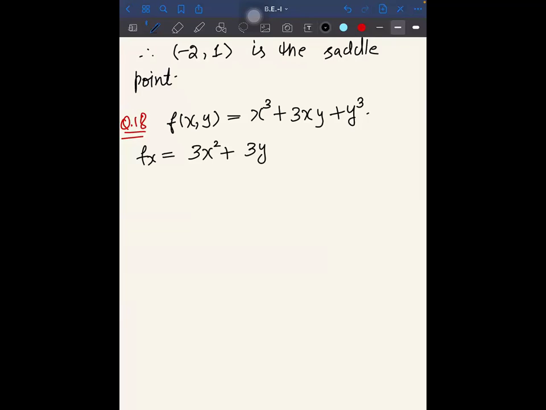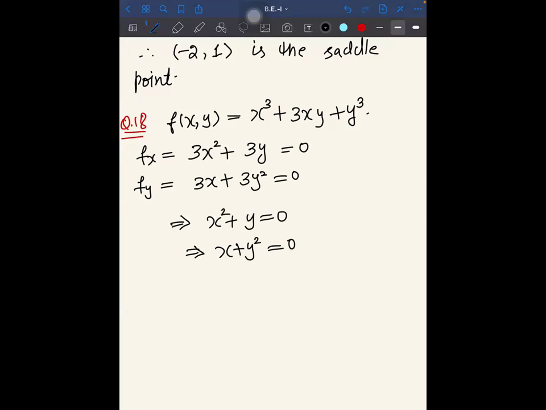And fy is 3x plus 3y square. So we'll keep these two things equal to 0, right? So let's try to solve it. This becomes x square plus y equal to 0, and x plus y square equal to 0.